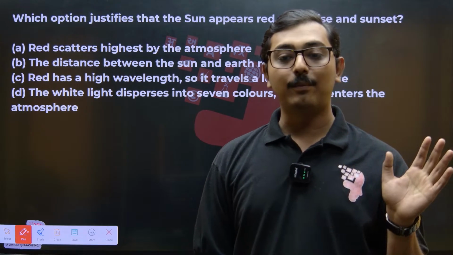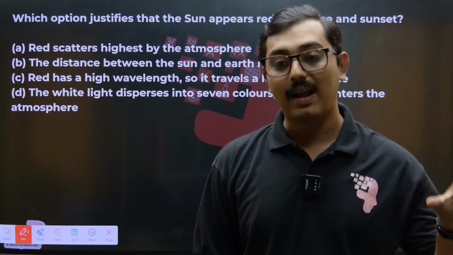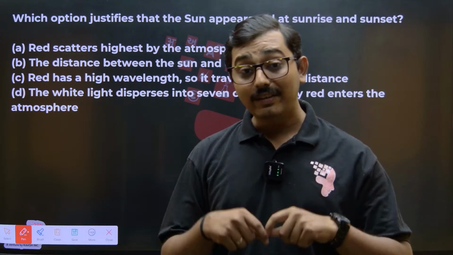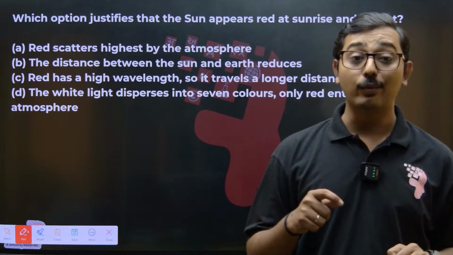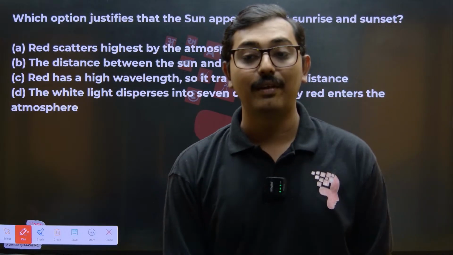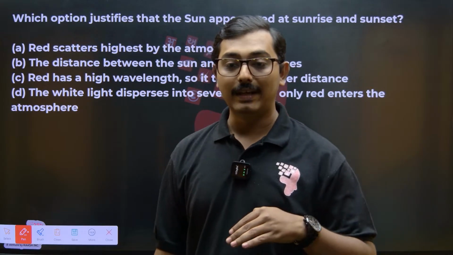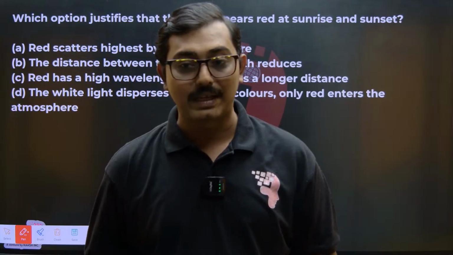Inside our atmosphere, there are continuously many particles which deviate and break the wavelength of sun rays. Sun rays are obviously white in color, so they are broken down into several parts.